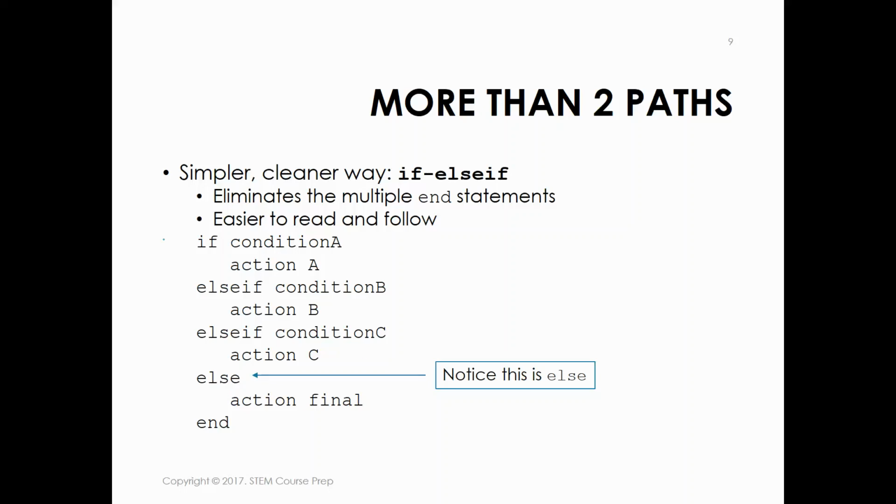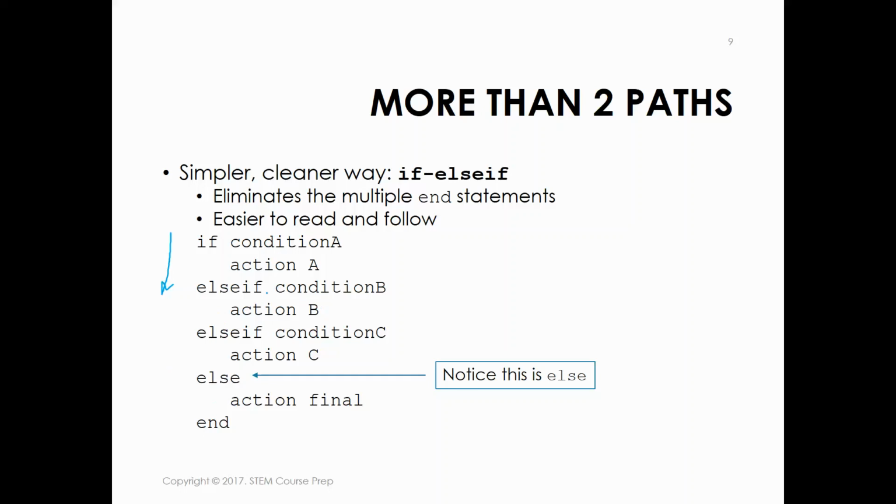So basically you're just working your way down top to bottom, and you're trying to figure out which condition is true. Once you hit a true condition, it's going to do the action for that condition, and then it will end your if block. All right, so that's what it's doing.